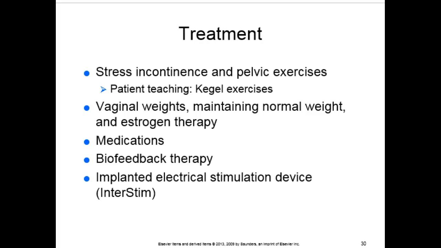Bulking injections into tissue surrounding the urethra are an option as well. An old assistive device such as a pessary, or a stiff ring that is worn in the vagina during the day to support the bladder, is also used, but there are newer treatments for overactive bladder and problems like that, such as Botox injections.